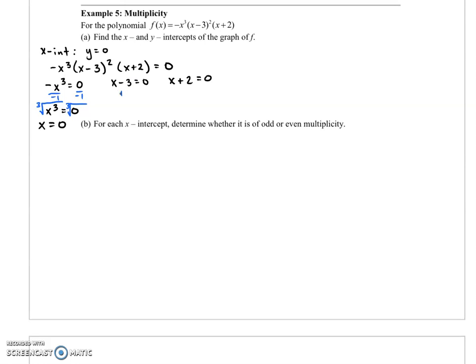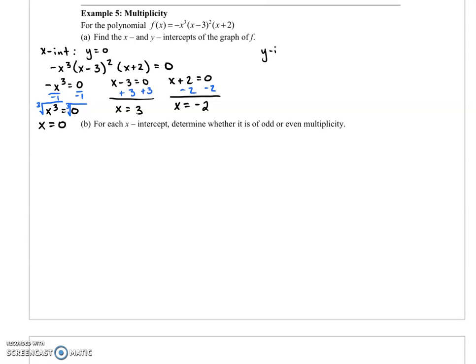For x minus 3, we just add 3 to both sides, and that leaves us with x equals 3. And for x plus 2, we subtract 2 from both sides, which leaves us with x equals negative 2.